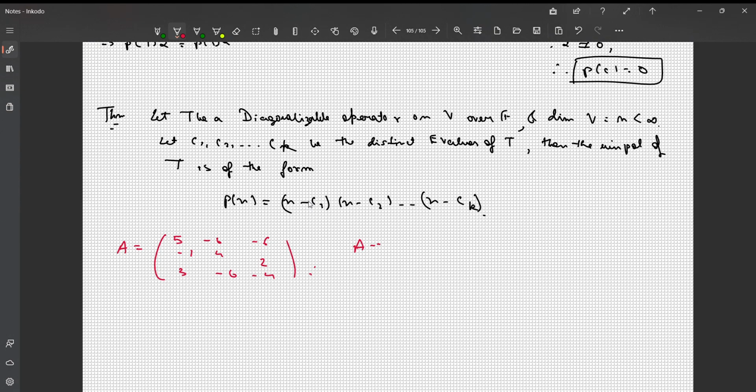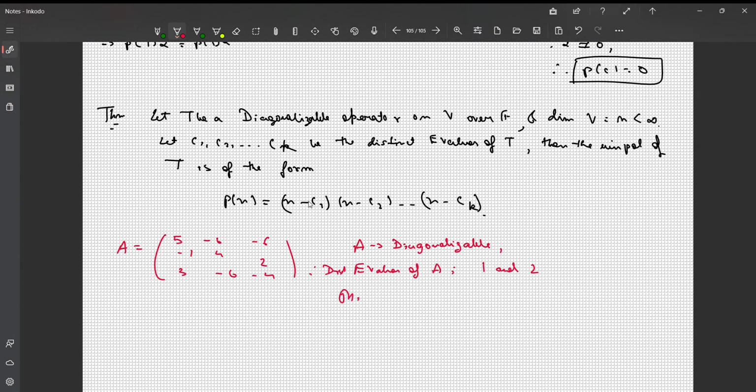We had shown that A is diagonalizable, and the distinct eigenvalues of A were 1 and 2.